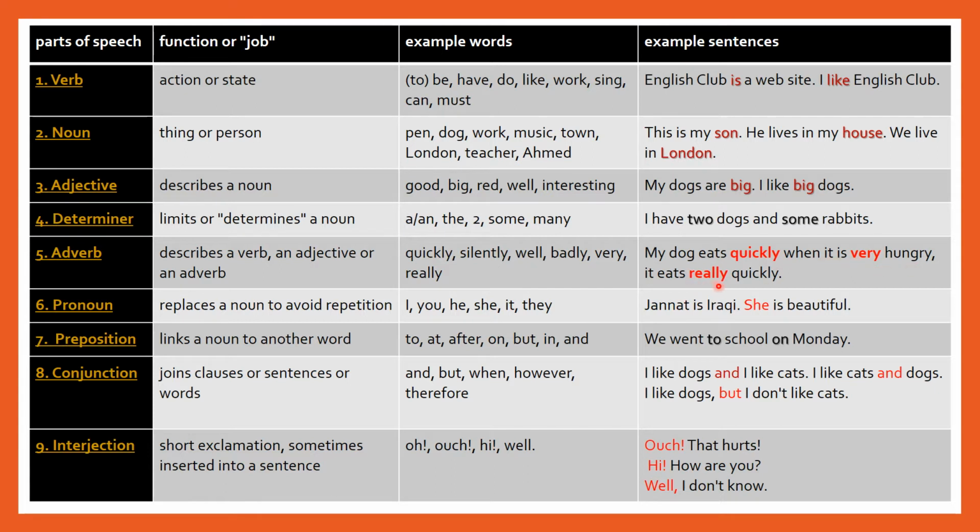It eats really quickly. As we see here, the adverb quickly describes the verb eats. The adverb very describes the adjective hungry, and the adverb really describes the other adverb quickly.